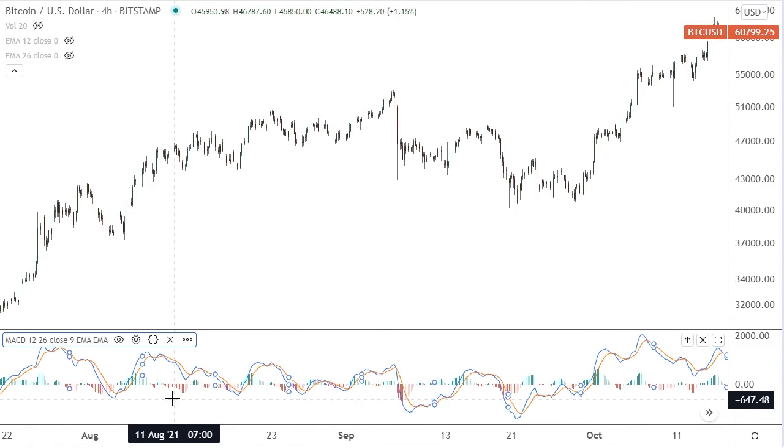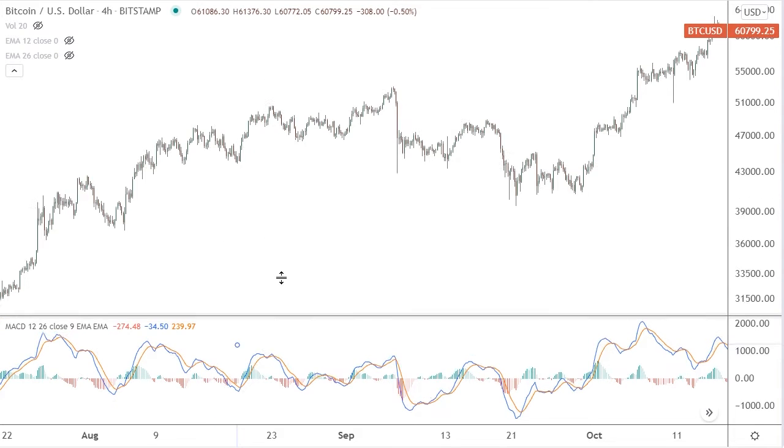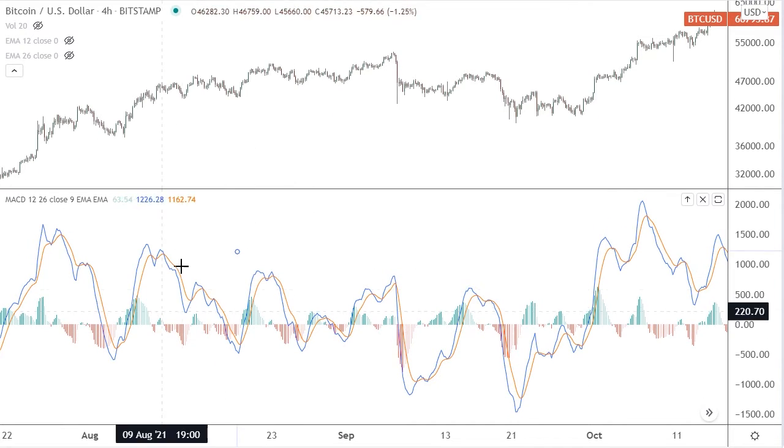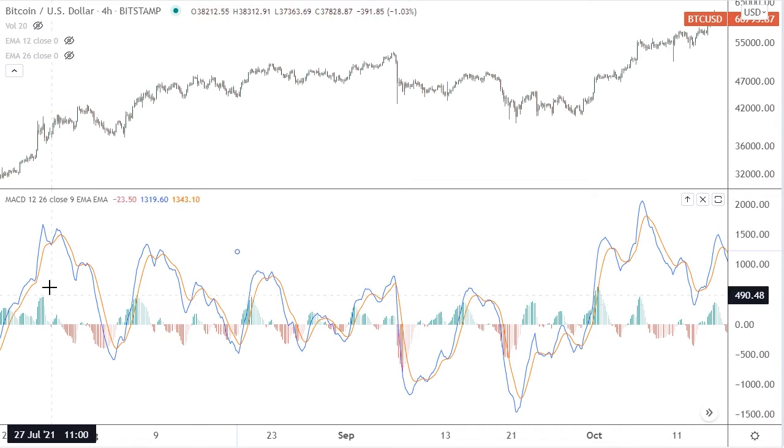So basically we've got maybe four things that are included within a MACD oscillator at the bottom of the chart. We've got this blue line, which is the MACD line. We've got the orange line, which is the signal line. And then you've got this histogram. This histogram is basically the difference between the blue line and the orange line.